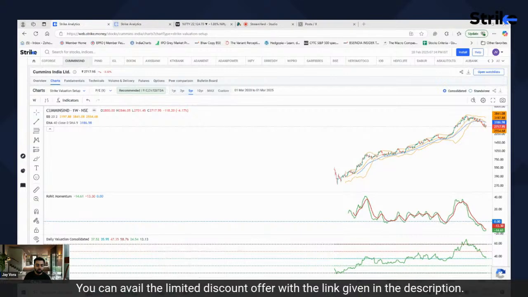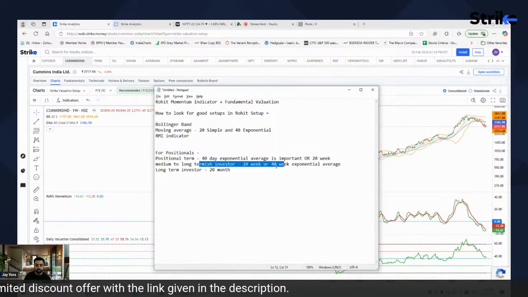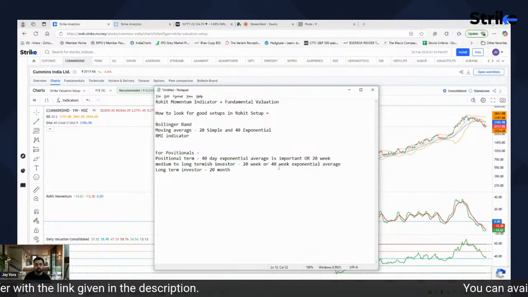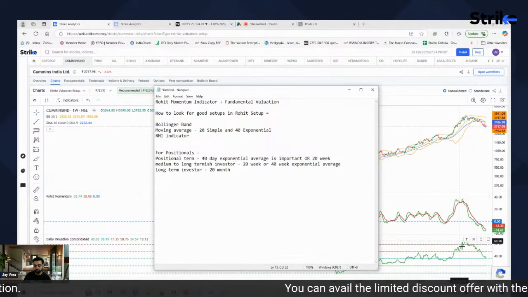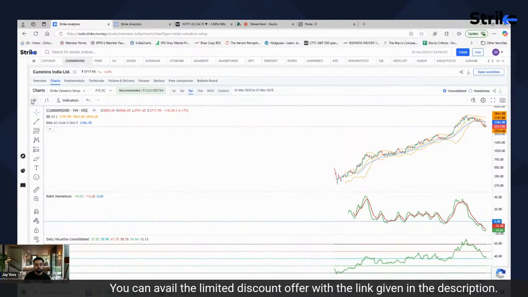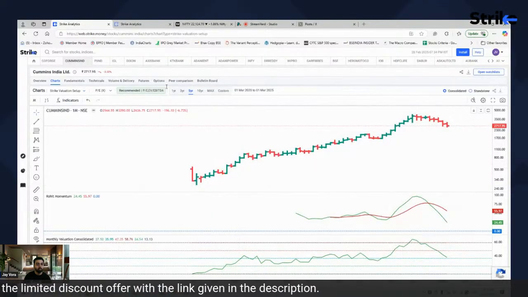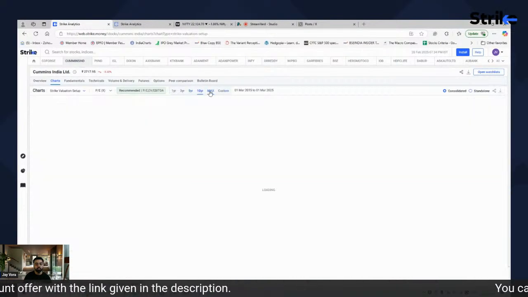So if you are a positional trader, I mean, not positional, but a medium-termish kind of guy, and the 40 week is breaking, that is a big red flag, along with your overvaluation. Now it is coming to a point where probably even the long term guy needs to take care.